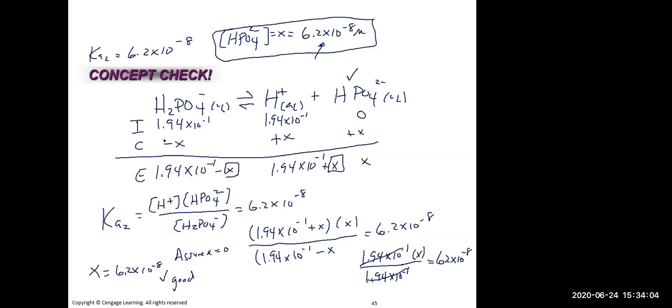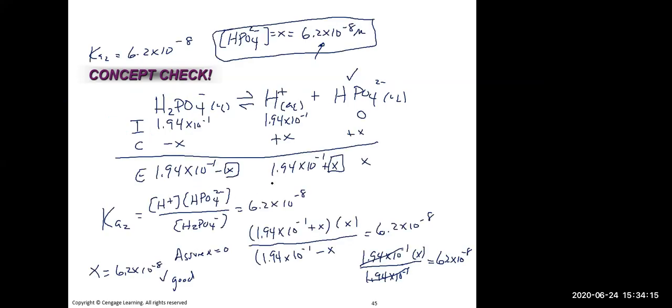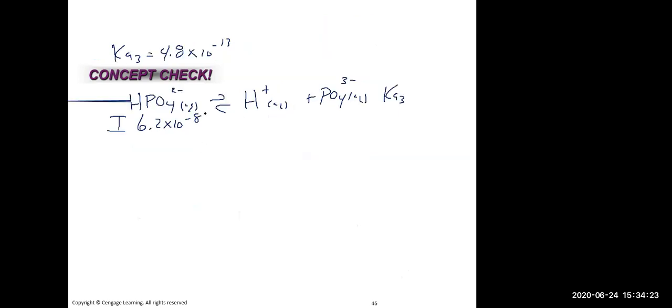That was 6.2 to the minus 8. We also still have H plus floating around, and as we just talked about, this number does not change. So it's still 1.94 times 10 to the minus 1. And this would be 0.